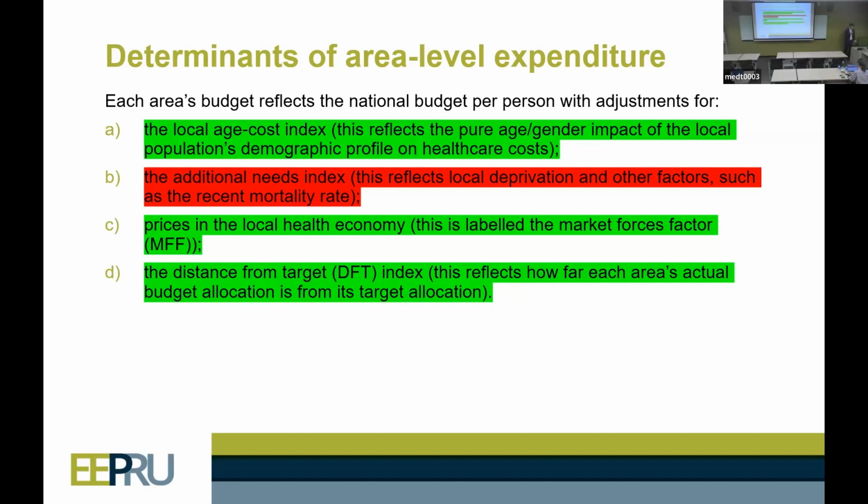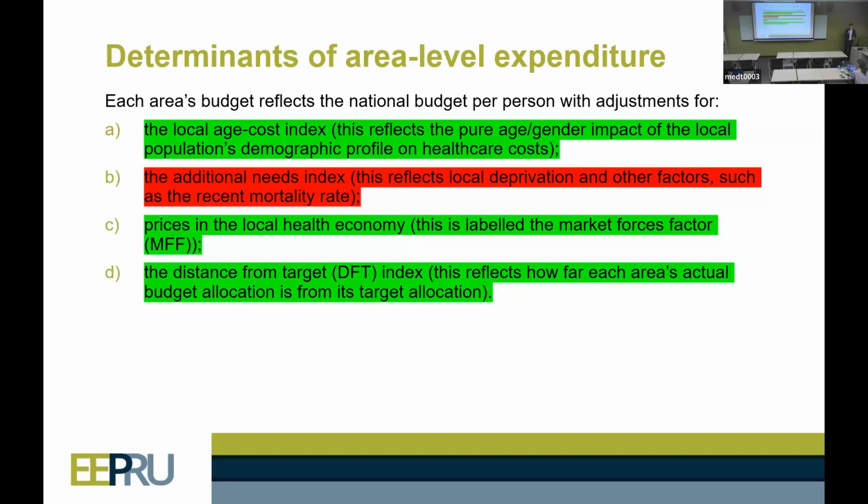Prices in the local health economy, conditional on controlling for things, can also potentially be an exogenous source of variation, because again, this factor won't be influencing mortality directly, but it will influence how much is given to each area. The age cost index, you might not think would work very well as an instrumental variable because age and mortality are clearly related. But remember that we are looking at age standardized mortality as our outcome.